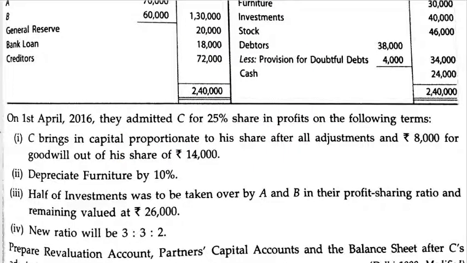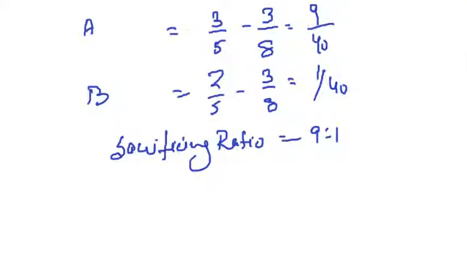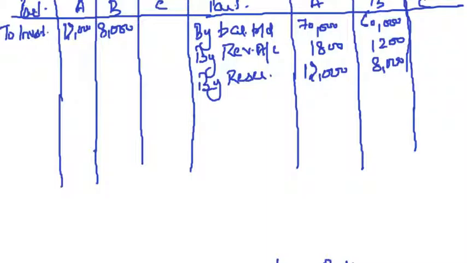Now see the question. 8,000 will be distributed in which ratio? In the sacrificing ratio of 9:1. Let's do it. We'll say by premium goodwill. The 8,000 that we are distributing among the old partners in sacrificing ratio, the amount will be 7,200 and 800.